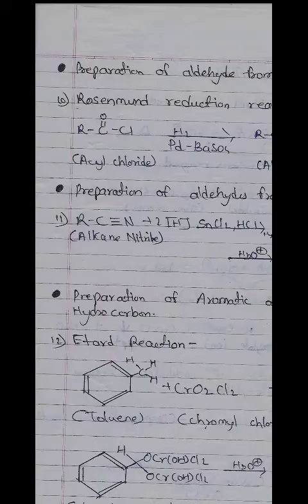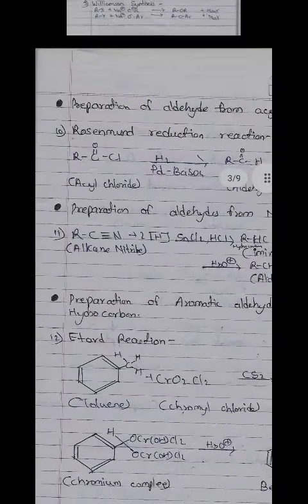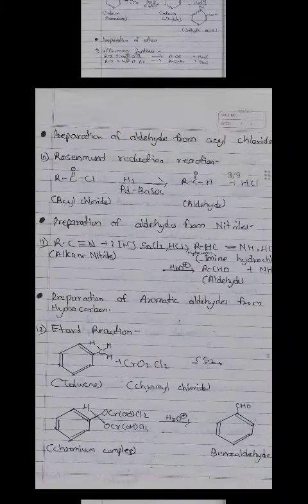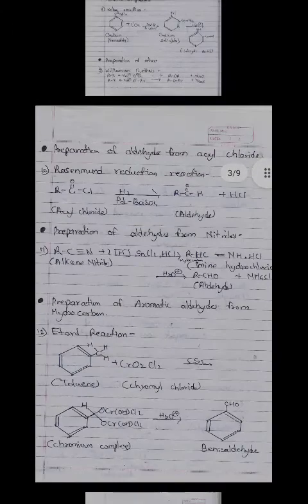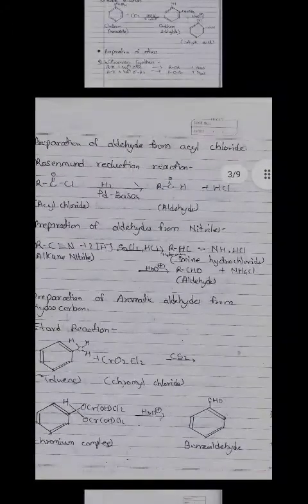So alkane nitrile plus hydrogen in the presence of SnCl2 and HCl will give me imine hydrochloride, RHC double bond NH HCl.